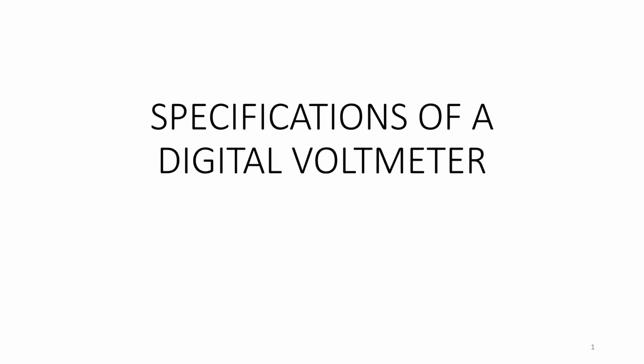In general, digital instruments have superior accuracy to analog pointer instruments, and many incorporate automatic polarity and range indication, which reduces operator training, measurement error, and possible instrument damage through overload.